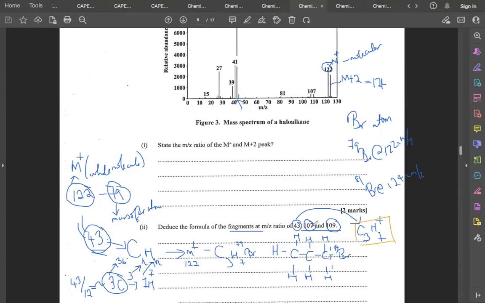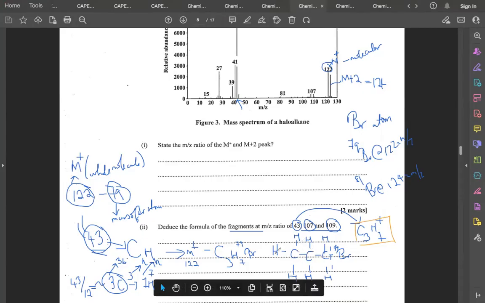So let's see where we can break this to get 107. We would have to take out a 15, a part of this molecule that has a mass of 15, and that's our methyl group. So we're going to break it here, guys, and take off this.